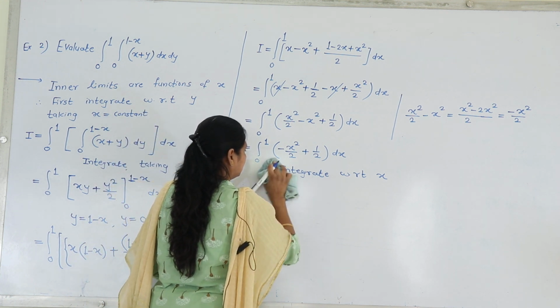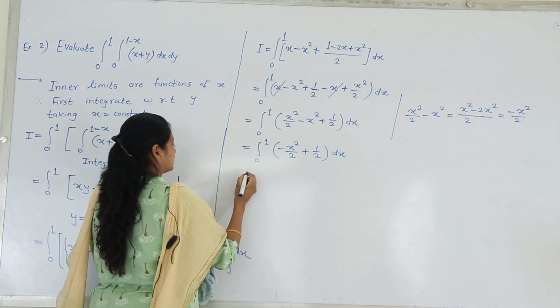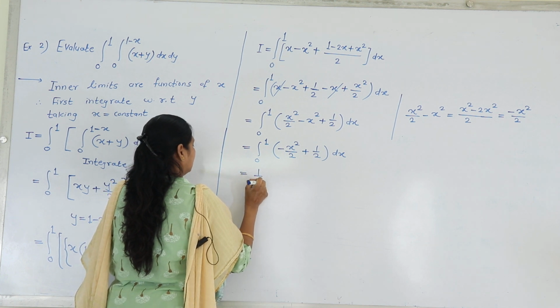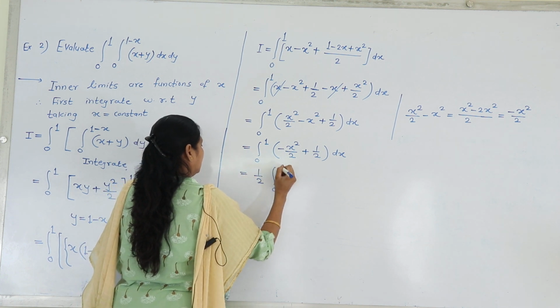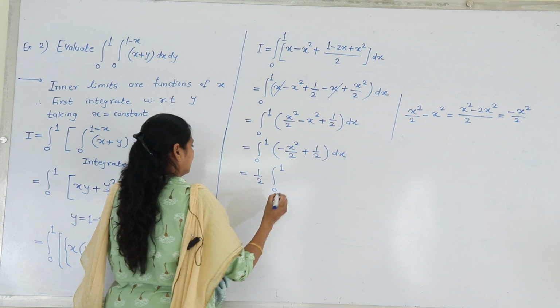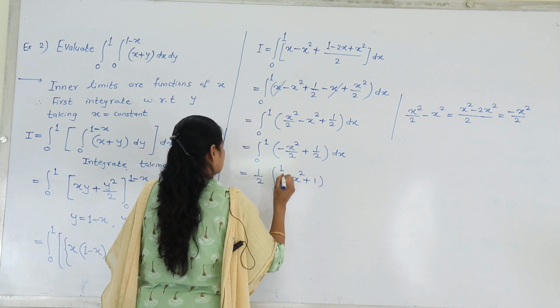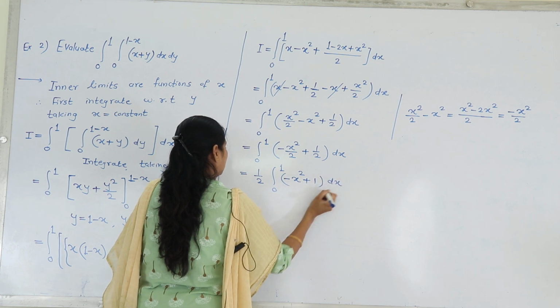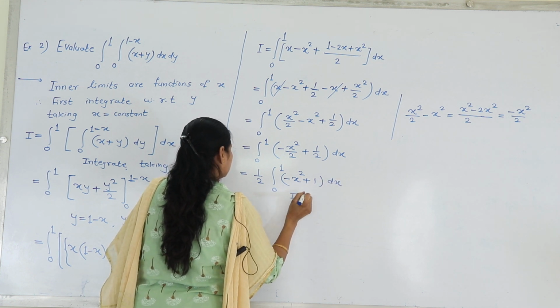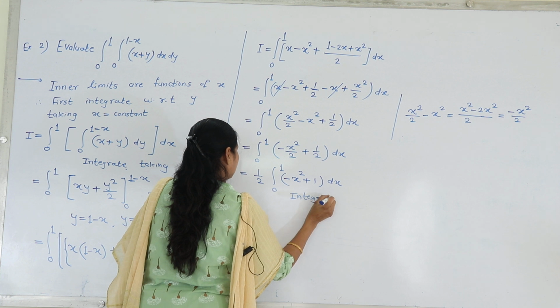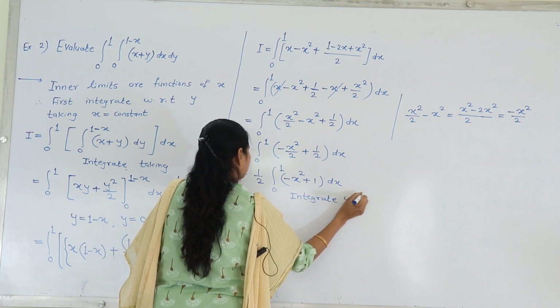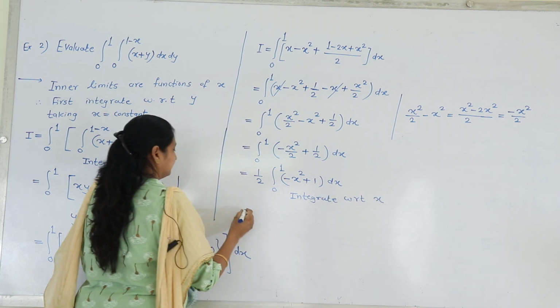Here we can take it an easy way: minus 1/2 is outside, then integration from 0 to 1 minus x square plus 1 dx, and then integrate with respect to x.